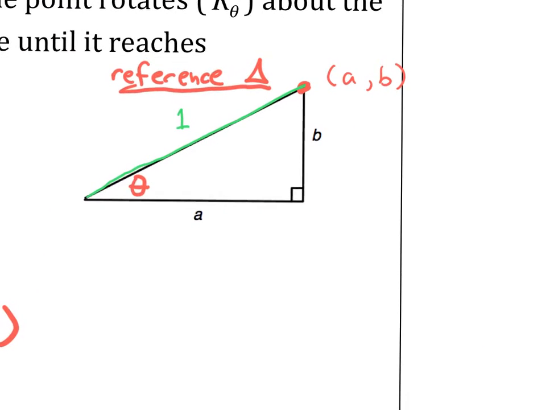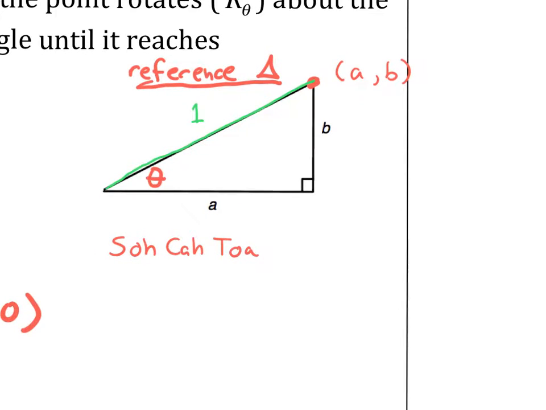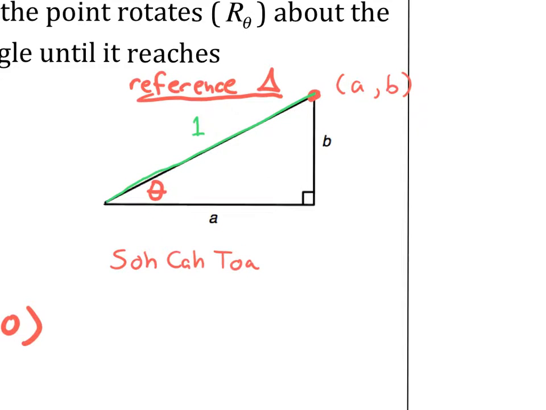Okay, so now we have this reference triangle, and let's talk about the ratios. We're calling it SOHCAHTOA, and specifically we'll look at sine and cosine. I'll start with cosine. The cosine of theta is, if we look at this, not opposite but adjacent over 1.